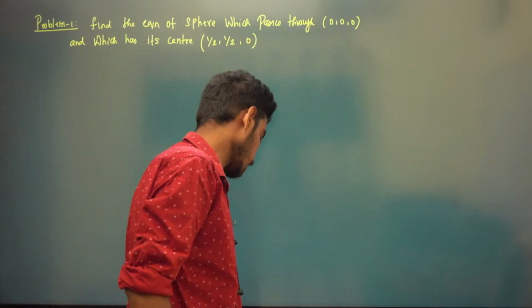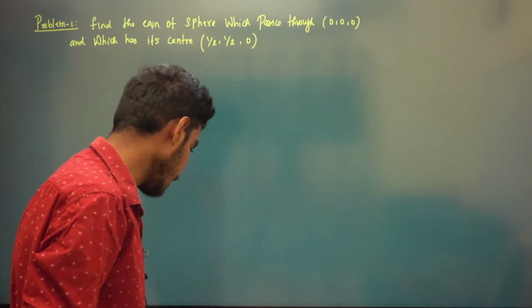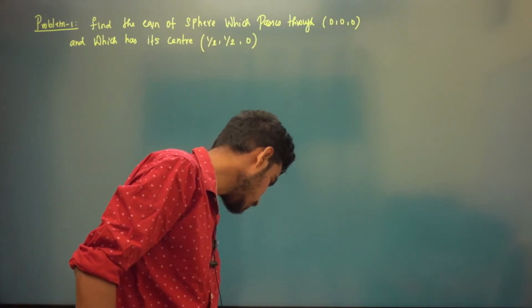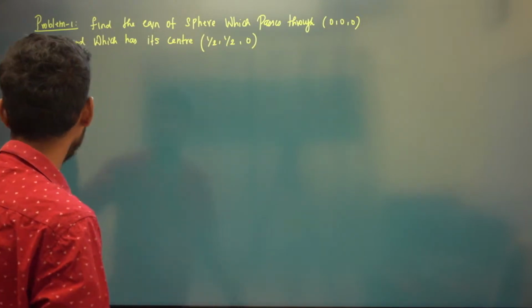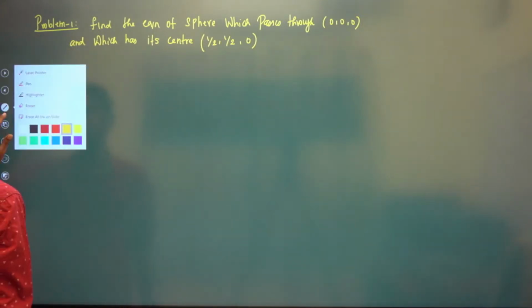Okay, it passes through 0 comma 0 comma 0 and has this as its center. Very simple.